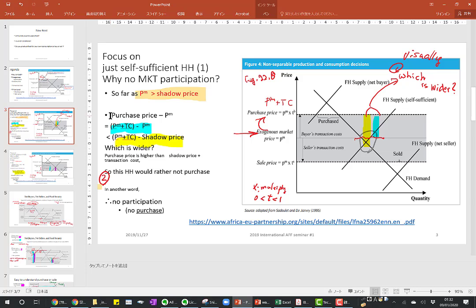Then we calculate the purchase price minus market price, which is shown colored in light blue, and it is less than yellow.